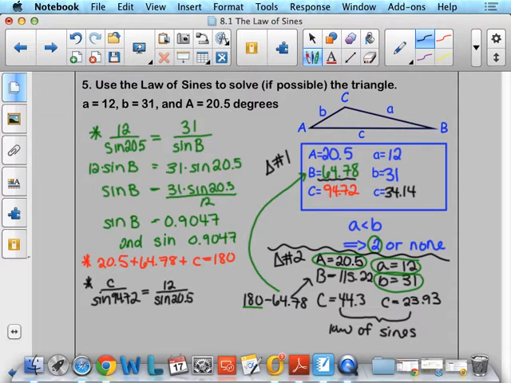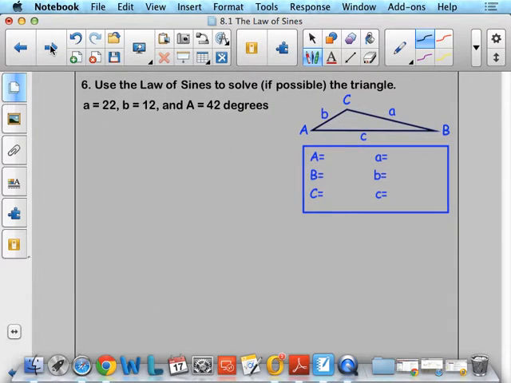All right, last example like this. Okay, so this time little a is 22, little b is 12, and capital A is 42. Okay, so before we start, this time a is greater than b, so this means that there's only one triangle.